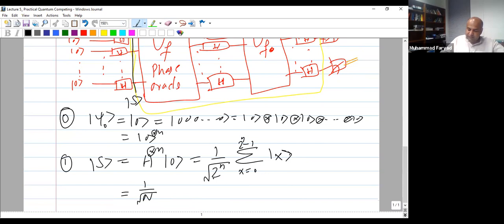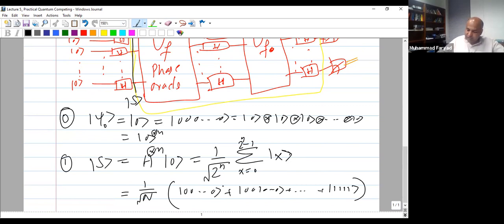By the way, let me label this capital N as 2 power n. So this state really means this, let's say 0, 0, and so on, this state, and all the possible states that are out there.